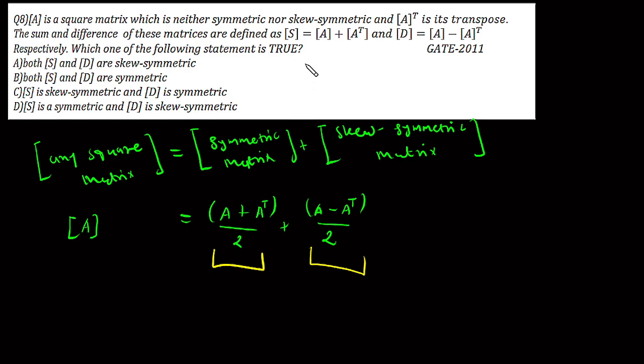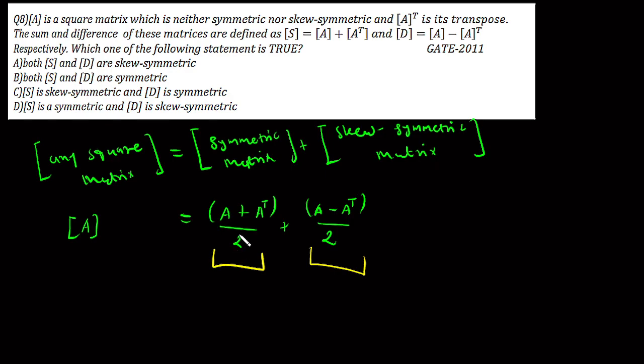Now here the S is defined as A plus A transpose, but the factor of 1/2 is missing. It does not make any difference, because multiplication by a scalar does not send the matrix from symmetric to skew symmetric or skew symmetric to symmetric. It remains as it is. If the matrix is symmetric, after multiplication with any scalar it remains symmetric, or remains skew symmetric as it is.